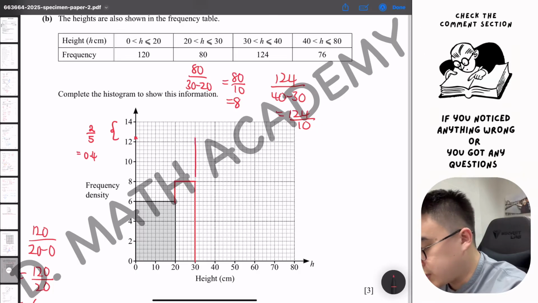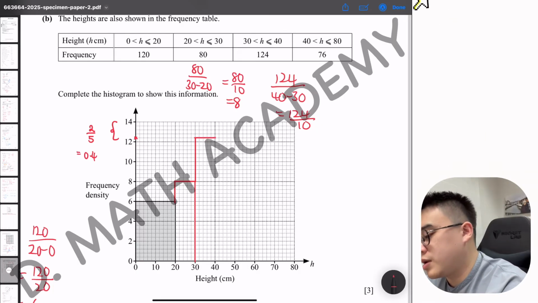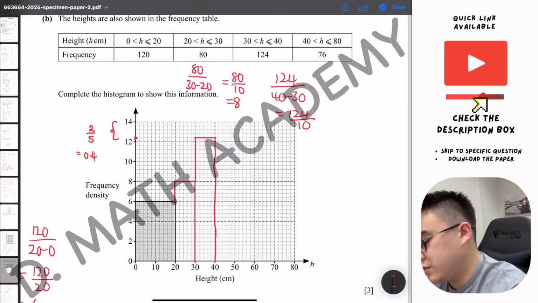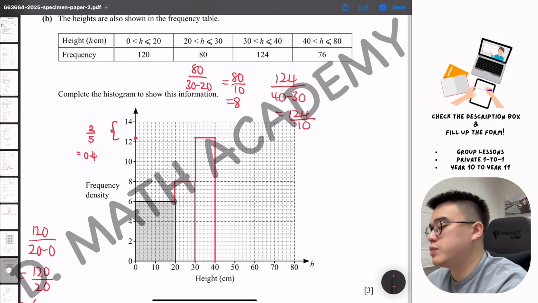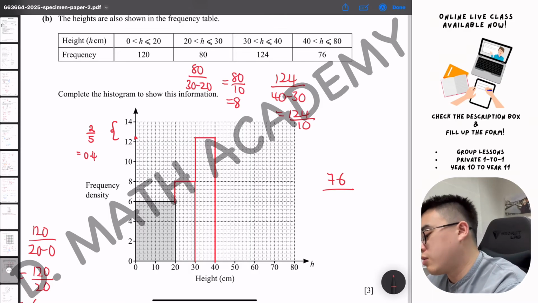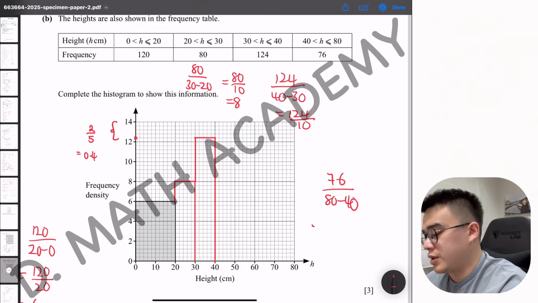So I have to continue extending my table, join it up properly, shut it back down, and we are left with only one final calculation, which is 76 over 80 minus 40.